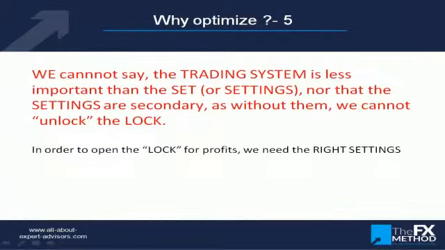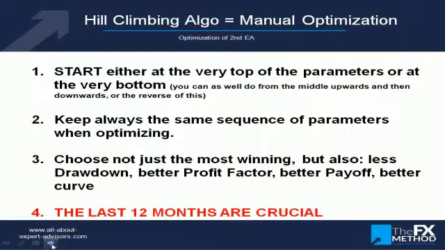What we found out in our investigations is that we need the right settings. Many people put the emphasis on the system itself, on the rules, and in the FX method we put the emphasis on the settings, the parameters that make us earn money.